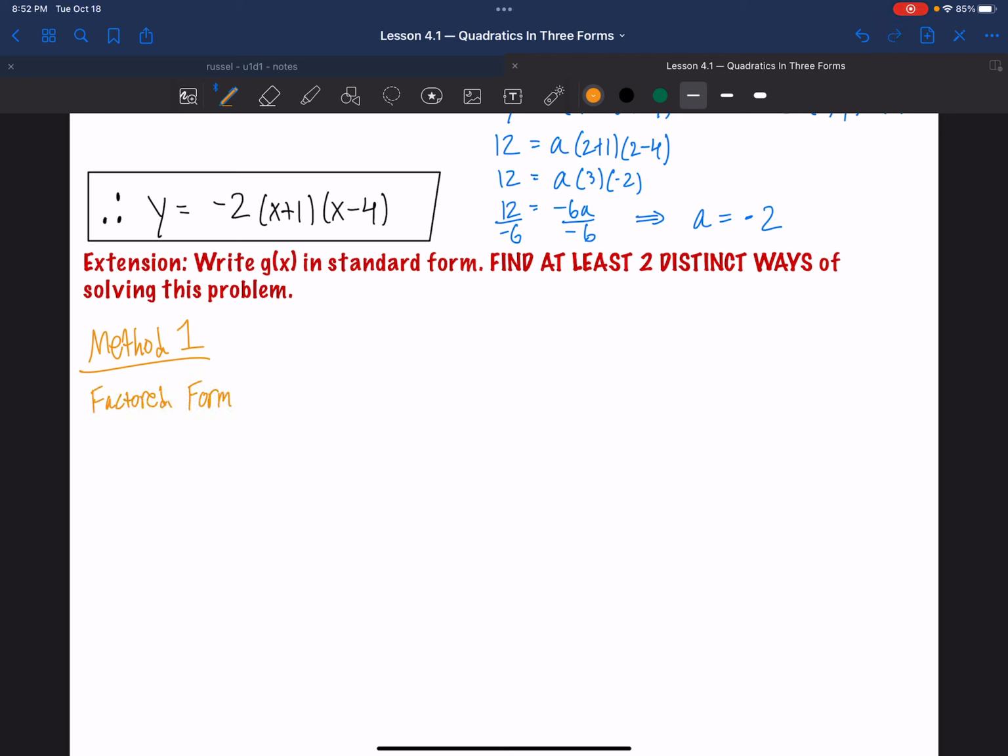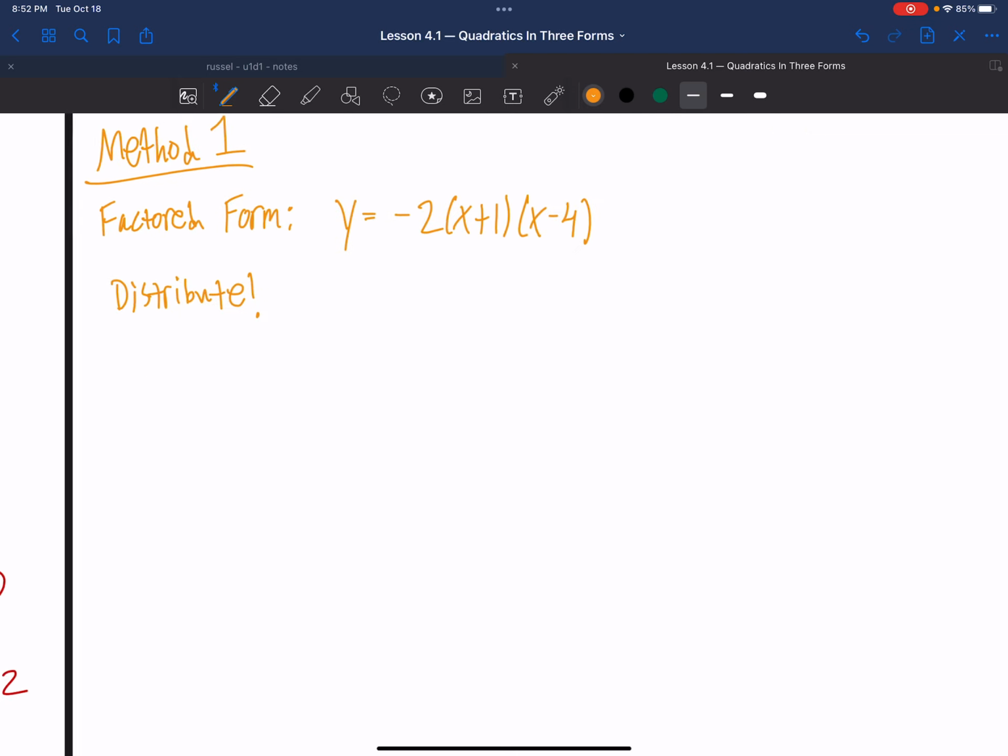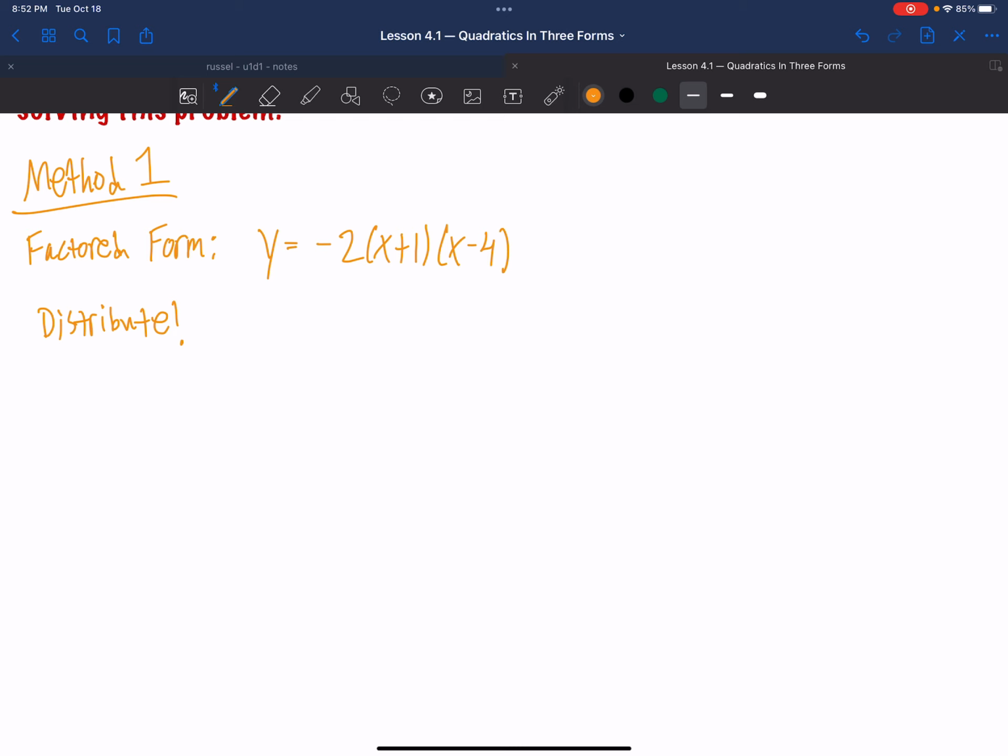Factored form says y equals negative 2 times x plus 1, x minus 4. If you distribute, meaning just multiply this out, then you will find standard form.